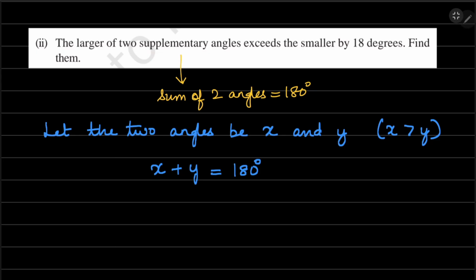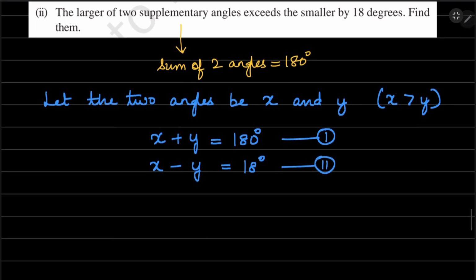So this is your equation 1. And the second thing is the larger of the two angles exceeds the smaller by 18 degrees. So x minus y is equal to 18. This is your equation 2.